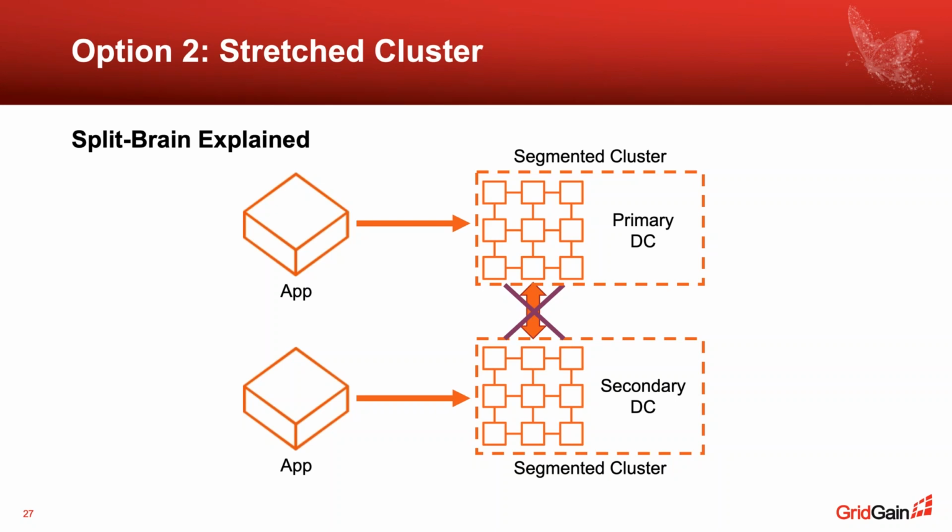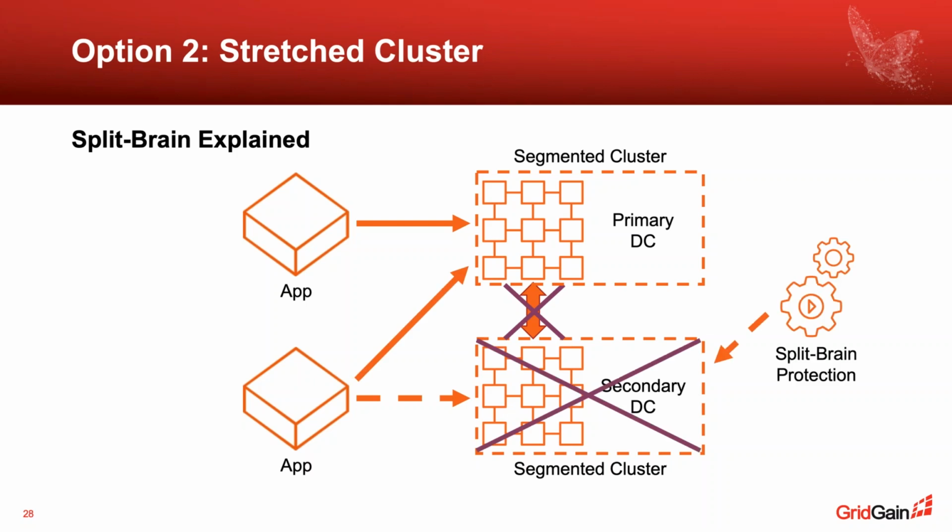And this is really the point of split brain protection. Split brain protection mechanism is something that needs to prevent updates on one of the segmented parts and eventually stop one of the segmented parts so that your applications can switch from that stopped part to the only one that is kept alive.